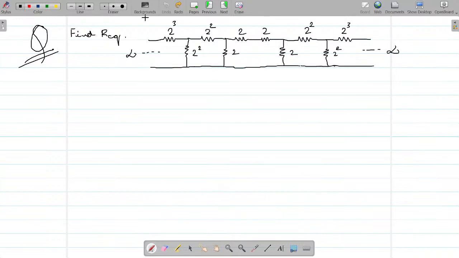The first thing that we observe is whatever is on the left hand side is also on the right hand side. Is that clear? Can I say that?